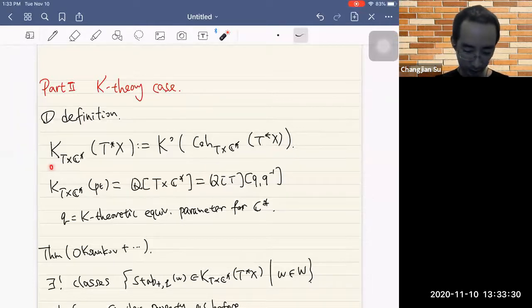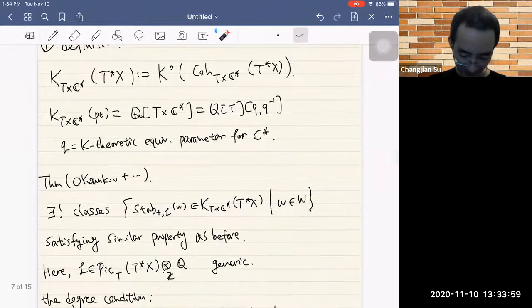This is a module over the equivariant K-theory of a point, which is just the functions on the torus T cross C star. In the K-theory case, I will use Q to denote the K-theoretical equivariant parameter for this C star, i.e. Q will denote the standard representation of this C star.